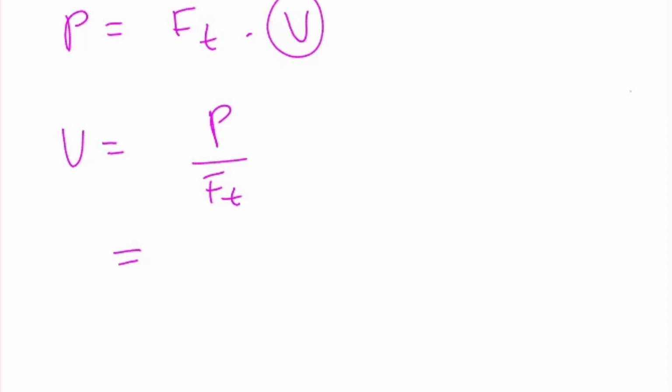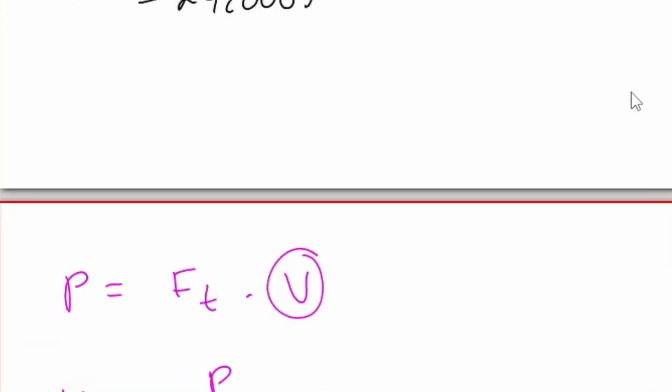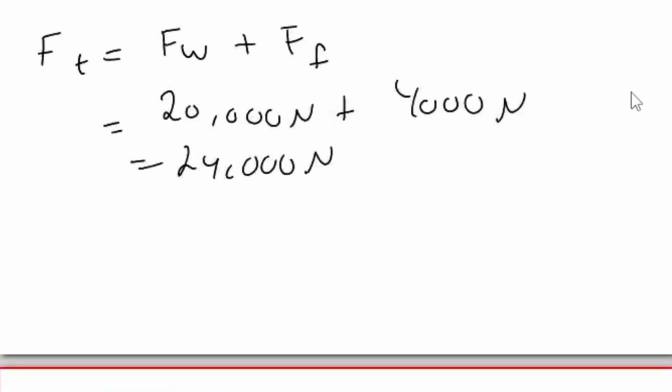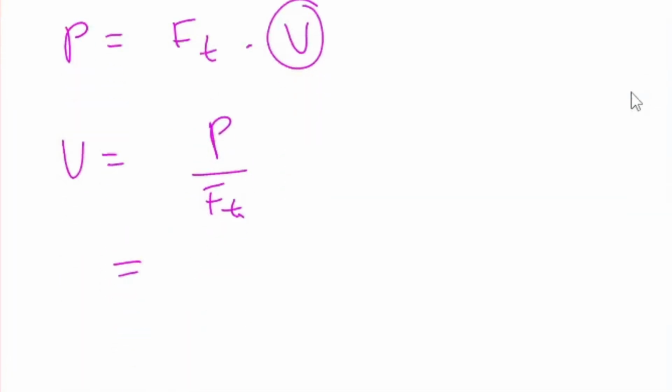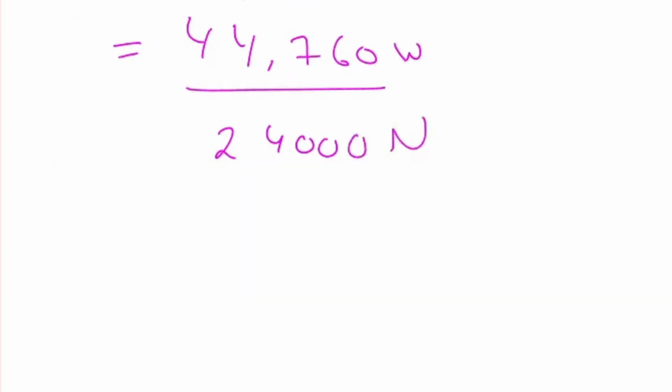Remember, our power that we calculated was 44,760 watts over our total force, which was 24,000 newtons. Let's plug this into a calculator, and we should get an answer of 1.865 meters per second.